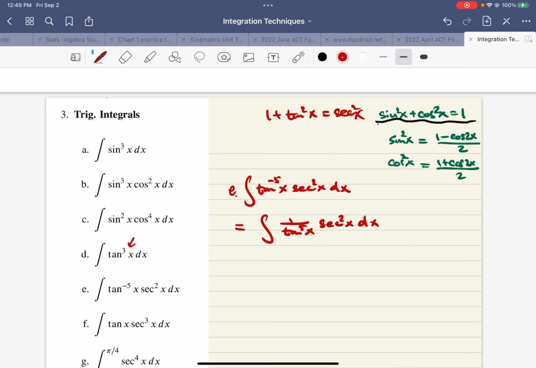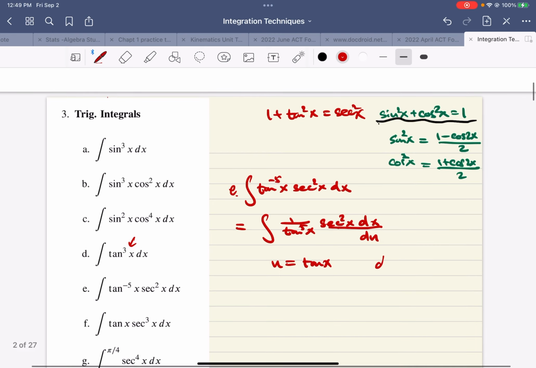Now, next step, let's just simplify. Hold on, you can use a u. U is tangent x, right? Then I know this one is a du because the derivative of tangent is secant square. So du equals secant square x dx.